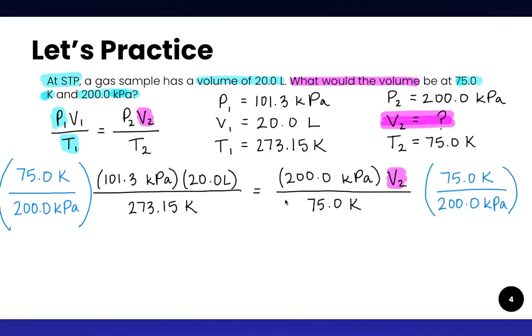And this will cancel out everything except for the final volume on the right. And it will cancel out kilopascals and Kelvin. So our final unit is going to be liters. Now at this point, I'm going to plug everything into my calculator and find out what's on the top and what's on the bottom.